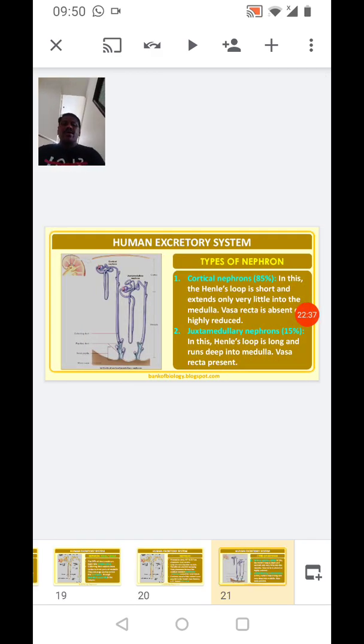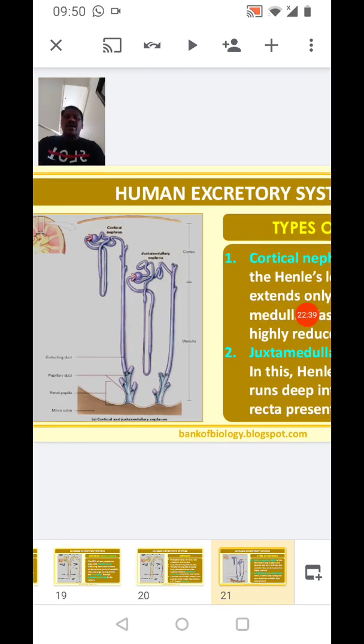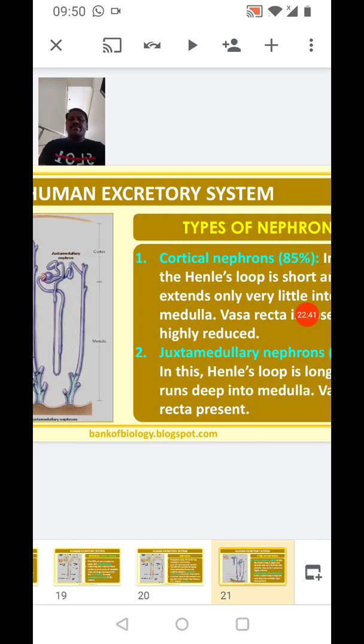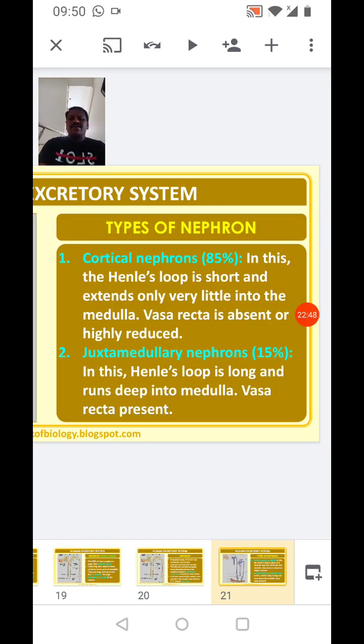And here remember, the nephrons are classified into two types based on the length of their loop of Henle. The first one is cortical nephrons. That means the majority of nephrons present in the kidneys contain a short loop of Henle, which goes only a little bit into the medulla.